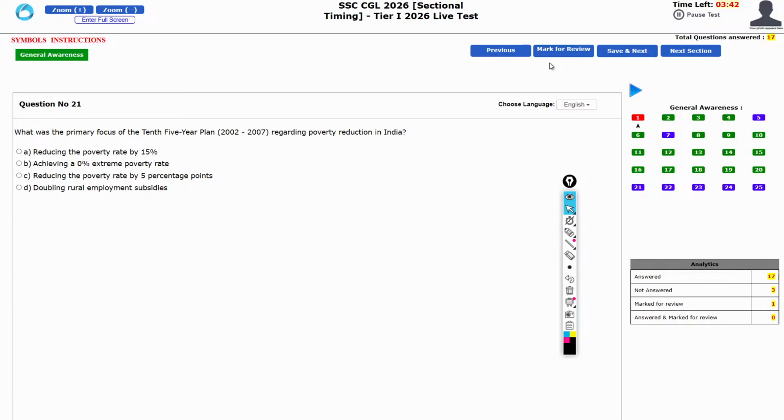Okay, reducing poverty rate by 15%, achieving 0% extreme poverty rate, reducing the poverty rate by 5 percentage points, doubling rural employment subsidies. Primary focus. Zero is very extreme, reducing the poverty rate by 5 percentage points, or by 15%.